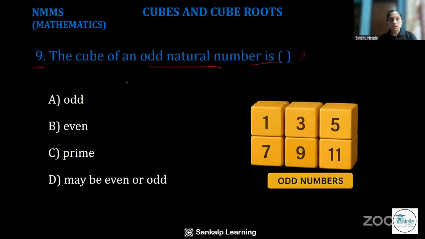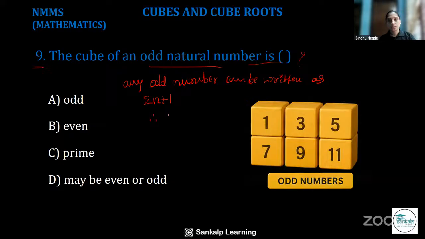Again, mathematically any odd number can be written as 2n plus 1. Then take the cube of this, 2n plus 1 cube.